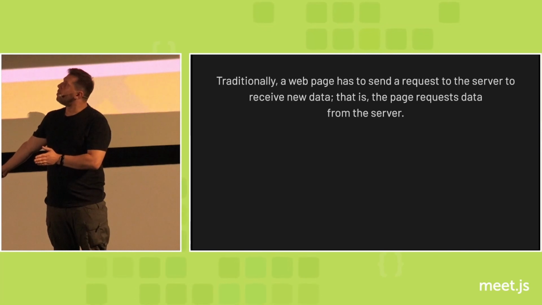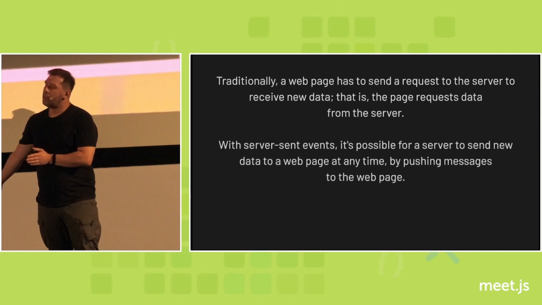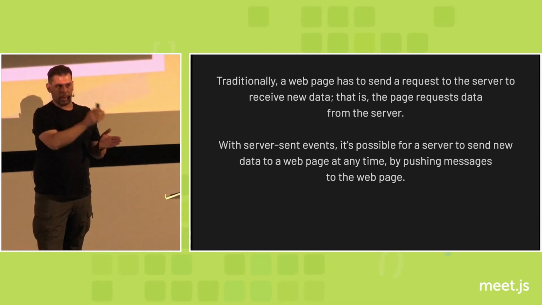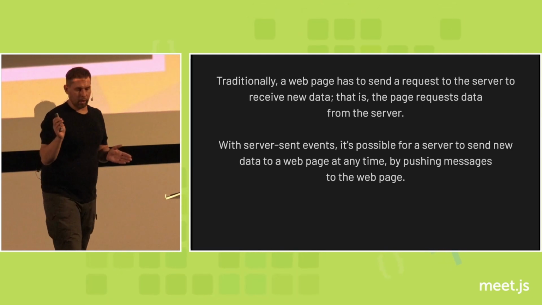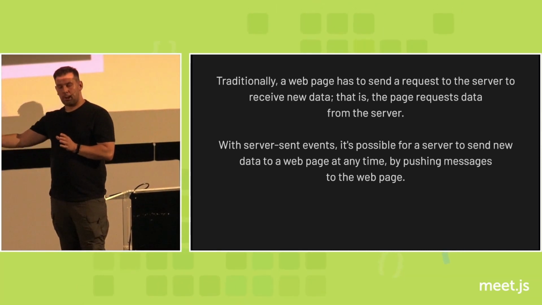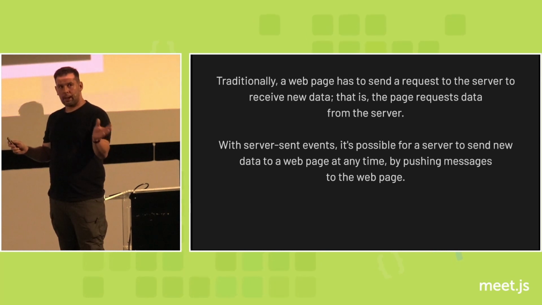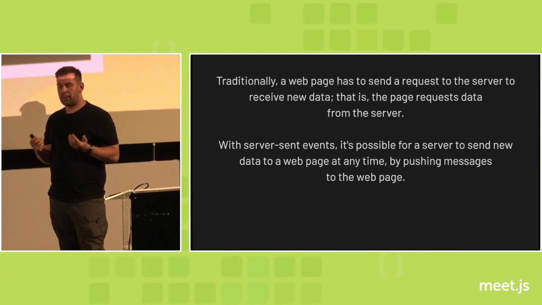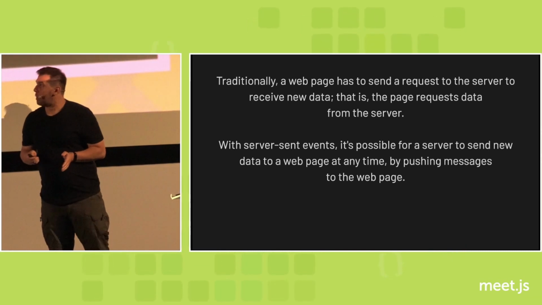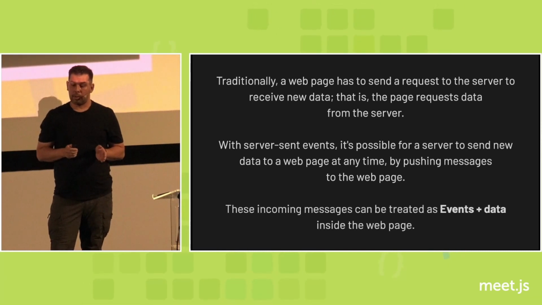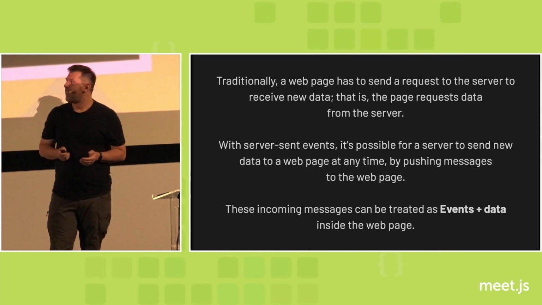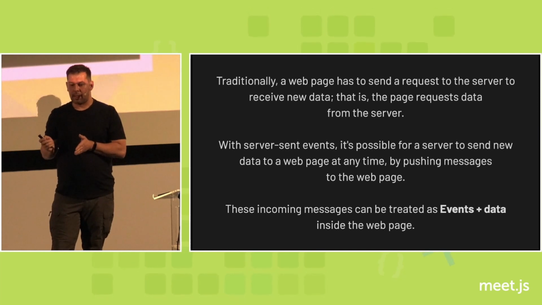But we can also send events when it's possible to fetch new data, but we should only make it once, and the whole logic should stay on the backend, and the client is responsible for just receiving this data and doing front-end logic and front-end magic. And moreover, these incoming events we can treat as just events with data and use this data inside the pages.